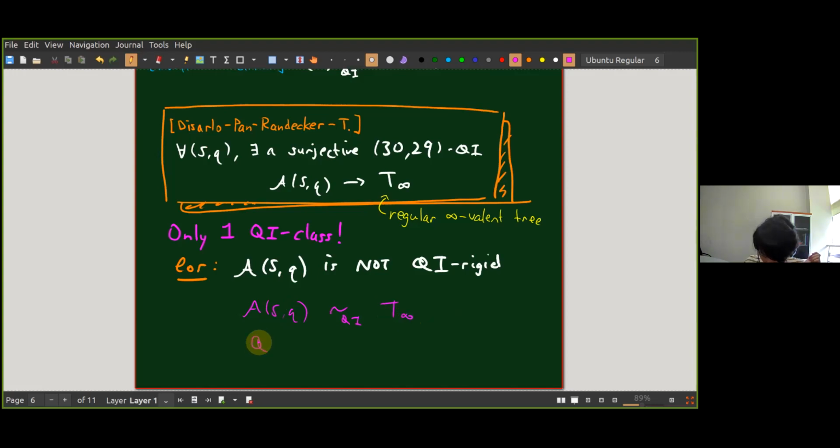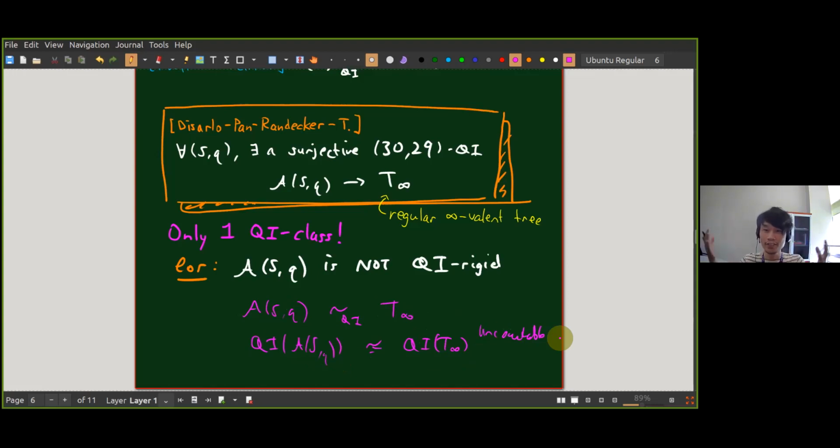So the QI group of the saddle connection graph is isomorphic to the QI group of the infinite valence tree, and this group is uncountable. If you know about automorphism groups of regular trees, you know that these are uncountable groups. But the automorphism group of the saddle connection graph, we showed in our previous result, is isomorphic to the affine diffeomorphism group, and this is a subgroup of the mapping class group of the corresponding surface, which is countable.